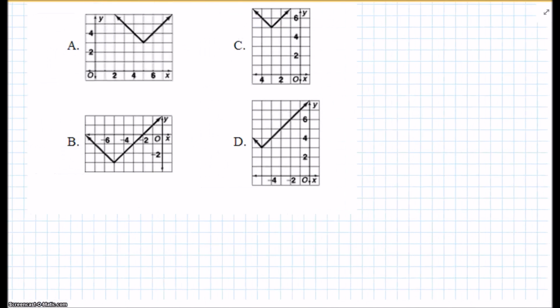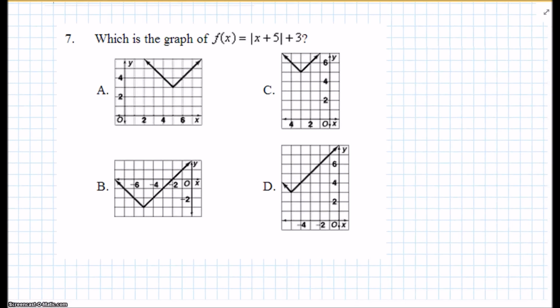Okay, how do we tie this in? So look at example 7. Which graph is the graph of function f of x equals the absolute value of x plus 5, plus 3?